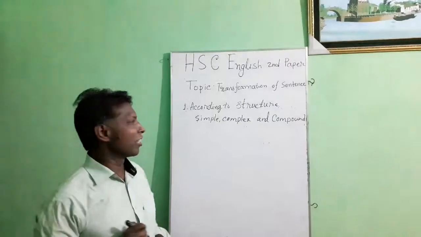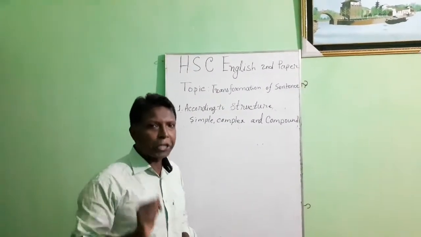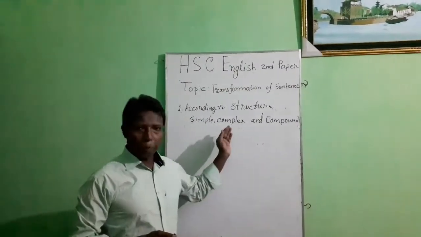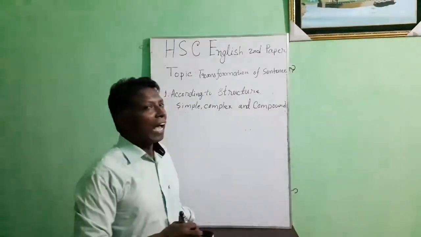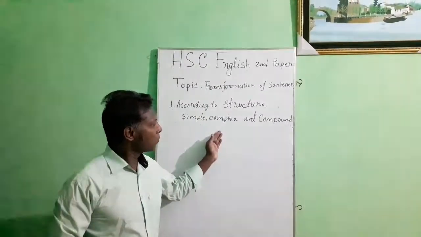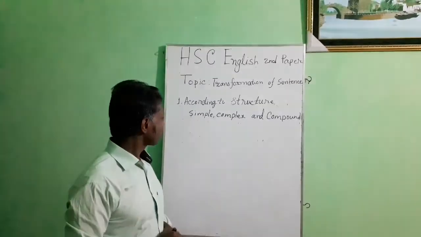According to structure, we see there are three categories of transformation of sentences. The first one, simple sentence, second, complex sentence, and the third one, compound sentence. And we have to change from simple to complex, from complex to compound, and vice versa.